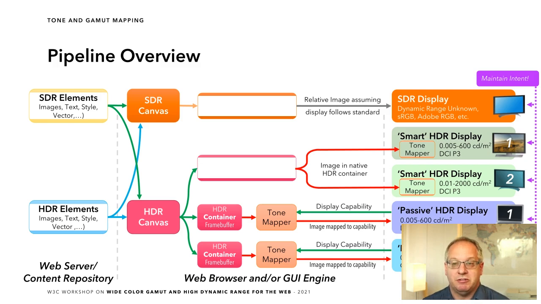One more key point to acknowledge is that the tone mapping engine is not always part of the rendering pipeline implemented, for example, in a browser or operating system in order to feed a passive HDR display. It is also common that HDR displays include a tone mapping engine and therefore do not require tone mapping by the source device. Those devices are here labeled Smart HDR Display.